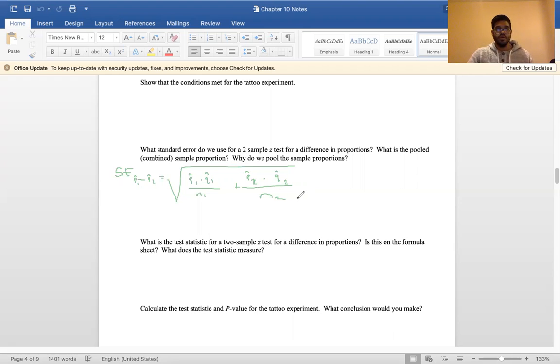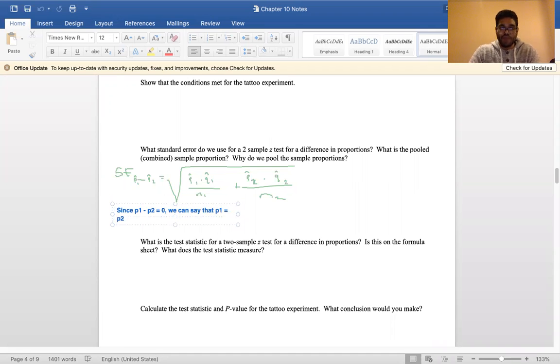Okay. And then we can also look at this thing called pooled or combined sample proportions. So I'm going to write some stuff about that in a second. Since P1 minus P2 is equal to 0, just based on our null hypothesis, that's our baseline, we can say that P1 is equal to P2.